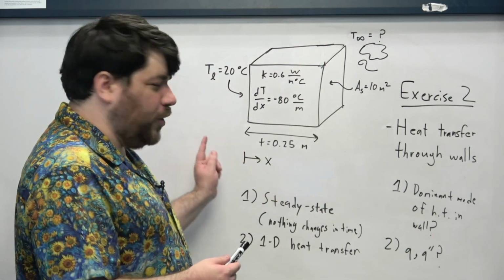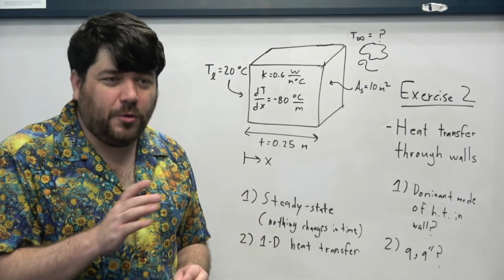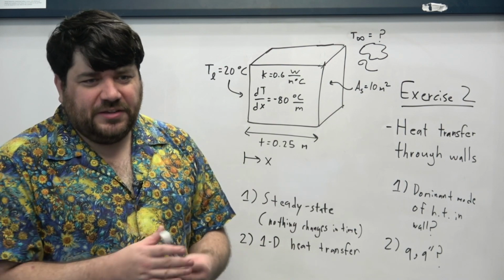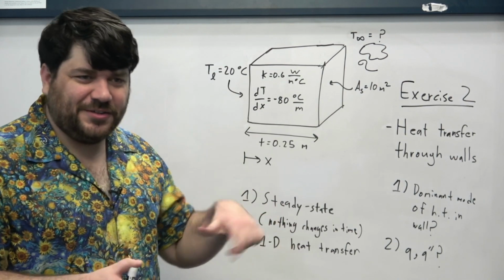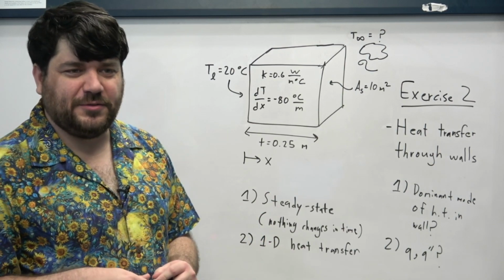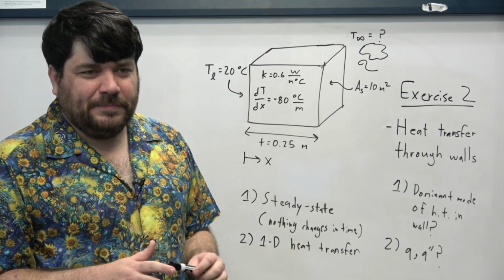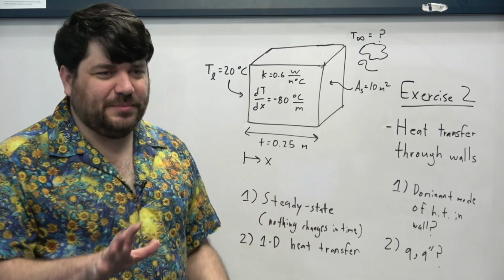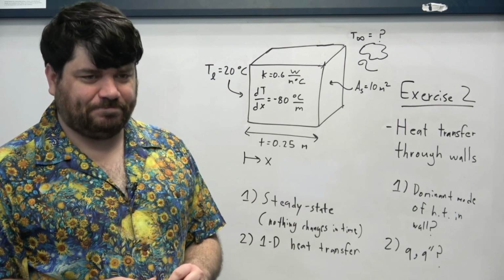Heat transfer is only happening left to right or right to left. These two assumptions are going to be recurring assumptions that we can use to simplify our analysis of heat transfer problems. This is the first time that we explicitly state and list them, but it is certainly not going to be the last time.